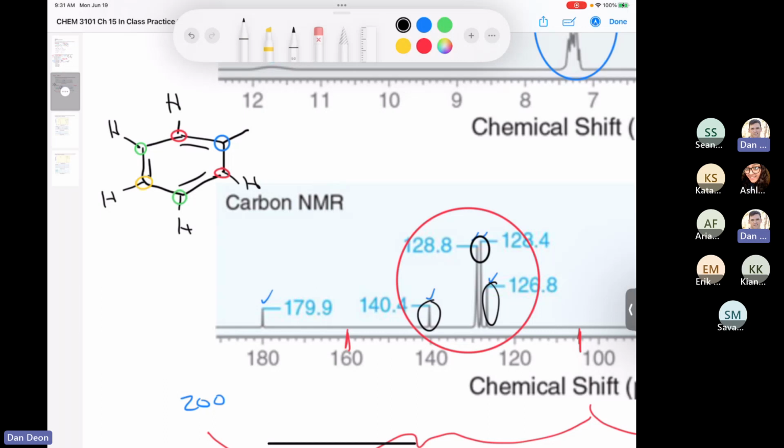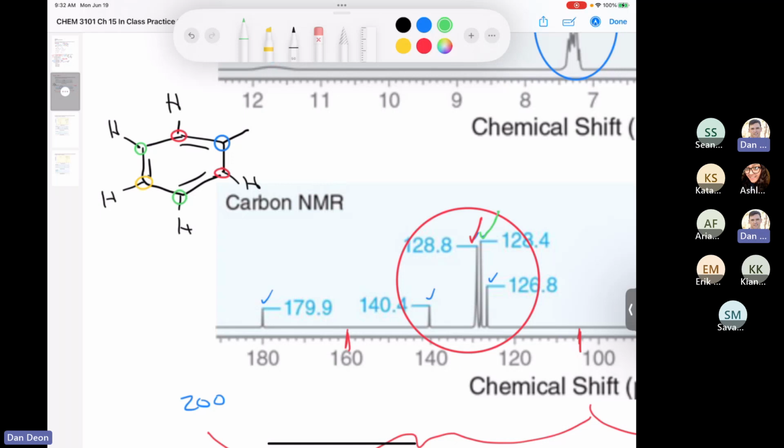The reason why those signals are higher is because there's probably twice as many carbons. And so the 2 signals that are twice as high, the ones at 128.8 and 128.4, those probably represent the red and the green ones because there's twice as many of those. So we would say this is probably the red one and this is probably the green one.